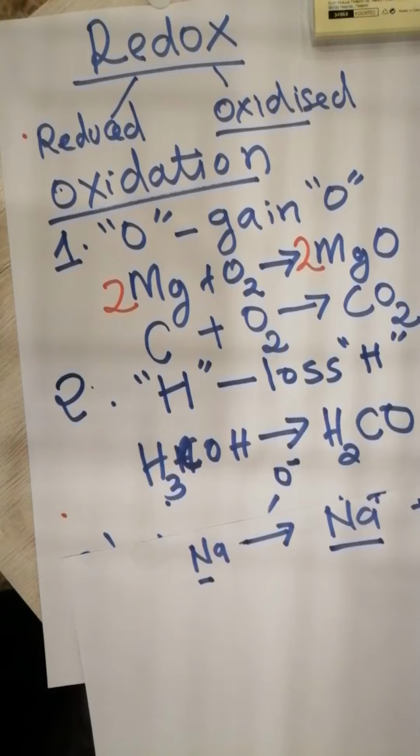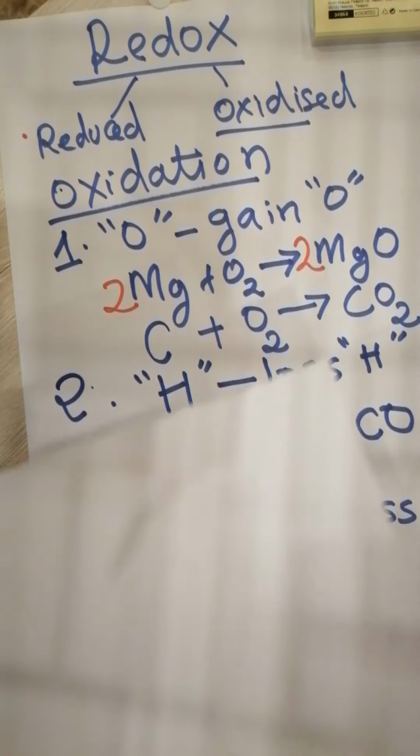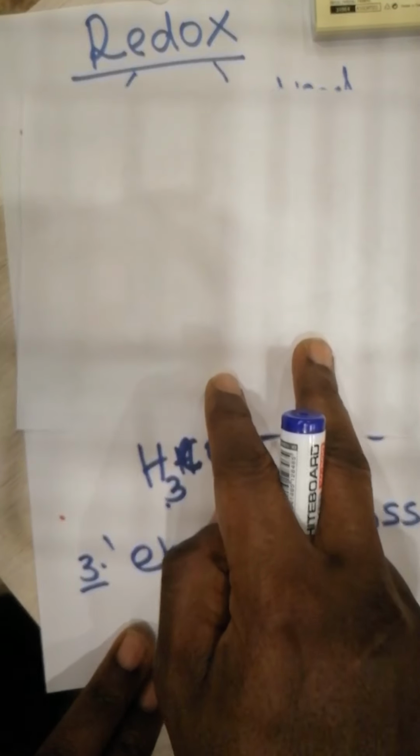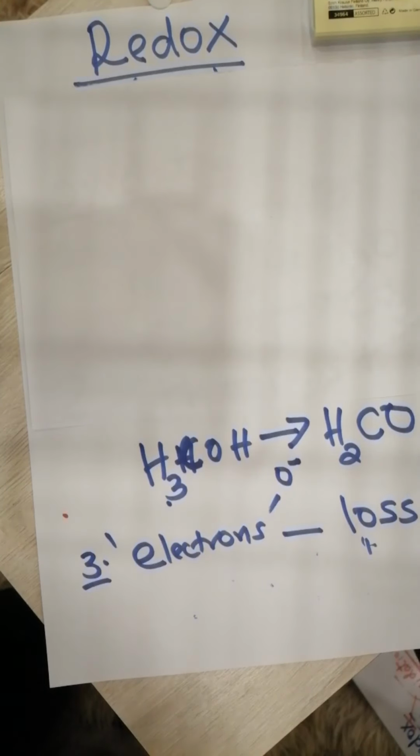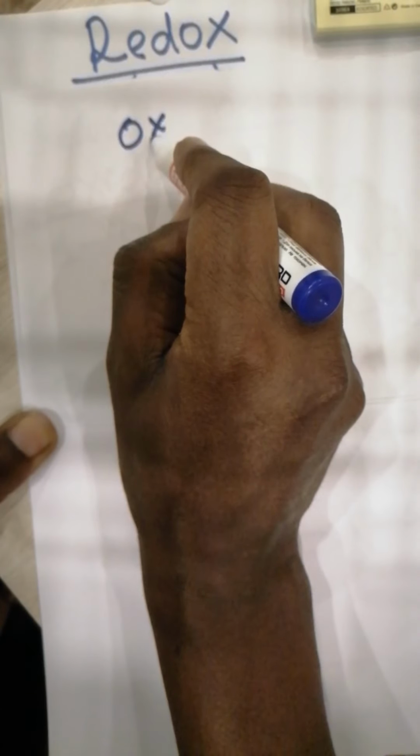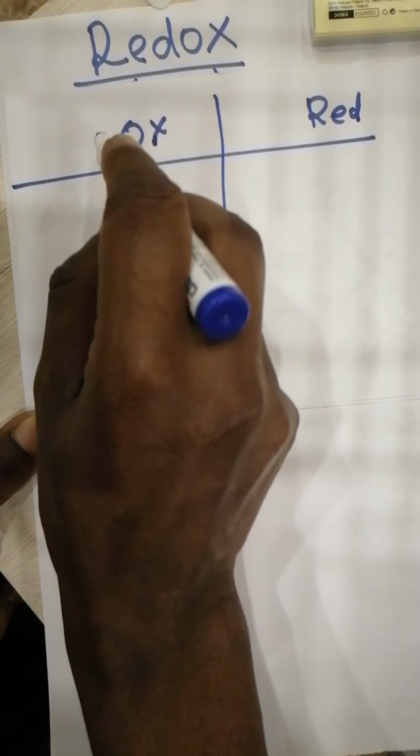Now, let's do a summary of the definitions of oxidation and reduction. You can combine the two because now we know how to define oxidation. So we have oxidation and we have reduction on this side, and let's now define them.